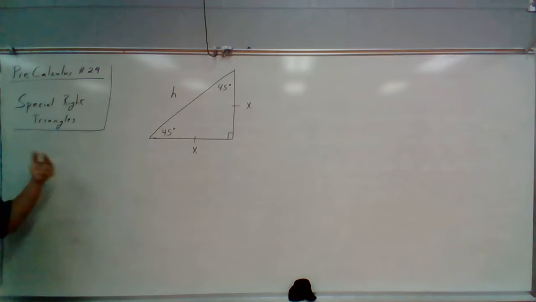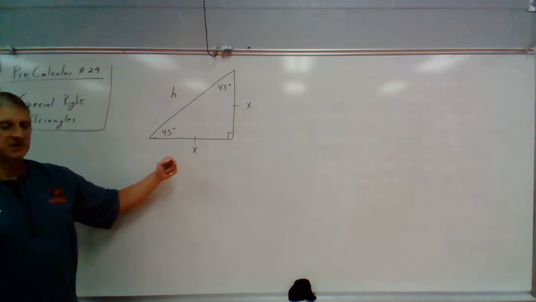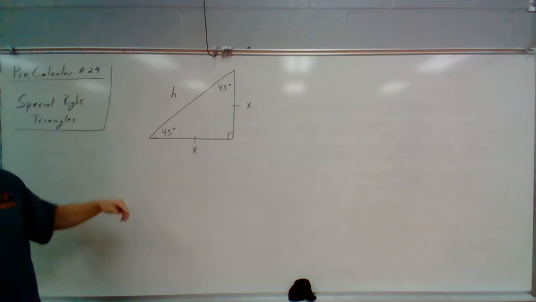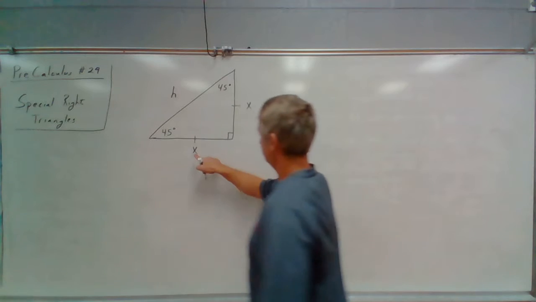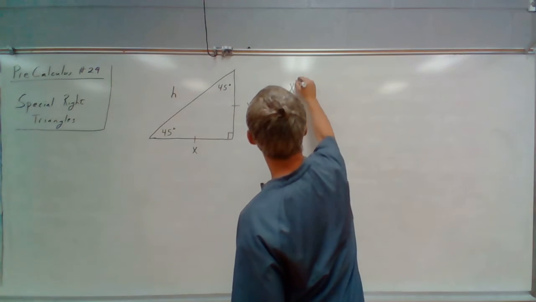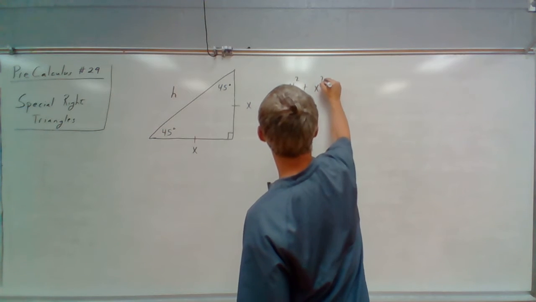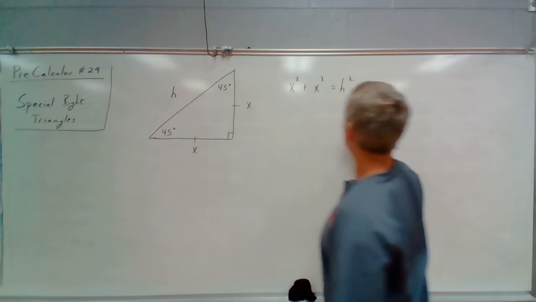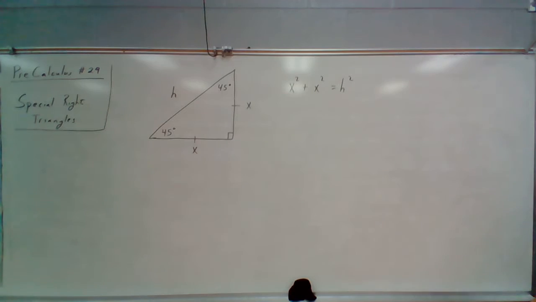All right, what famous theorem relates the three sides of a right triangle? Well, that's the Pythagorean theorem, which in this case will say that x squared plus x squared equals h squared. Okay.